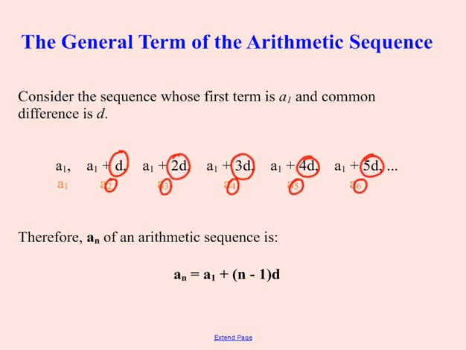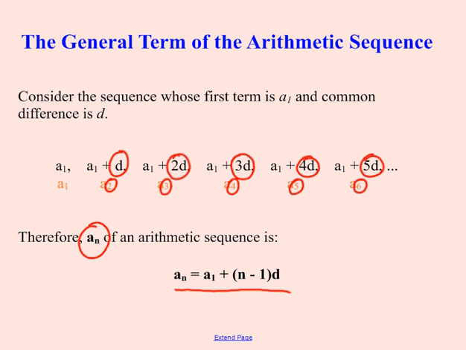So down here it says, therefore, a sub n, which is the general term because n can be any number, a sub n of an arithmetic sequence is a sub n equals a sub 1 plus n minus 1 d.